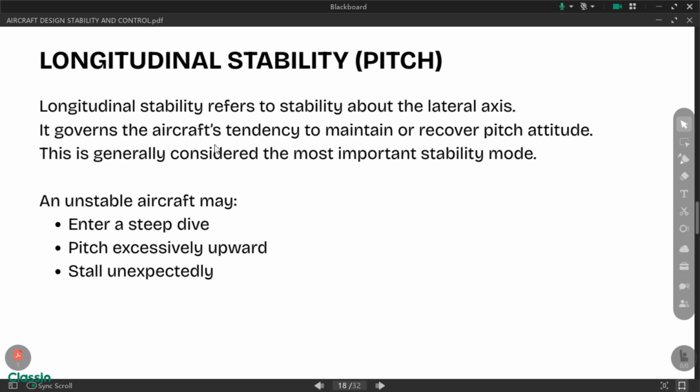So for this reason, yung aircraft designs natin, we devote enormous effort into achieving a great longitudinal stability. That's why for most stability studies, longitudinal stability talaga yung pinaka-main na inaaral.